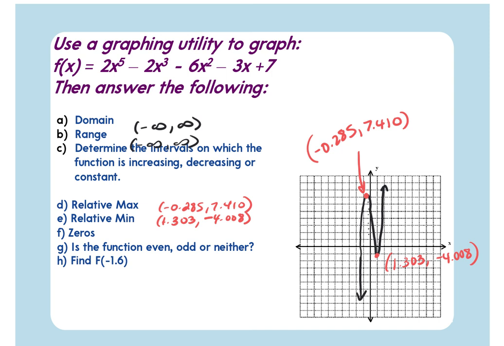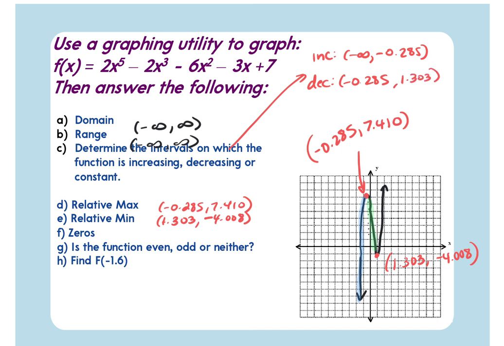Now I'm going to look at my increasing and decreasing behavior. So my graph starts at the bottom and it works its way up, which means that first interval is increasing. It is increasing from negative infinity to the x coordinate of my max, which is negative 0.285. Then it changes and it comes down, which means it's decreasing from that x, negative 0.285, to the x on my minimum value, which is 1.303.